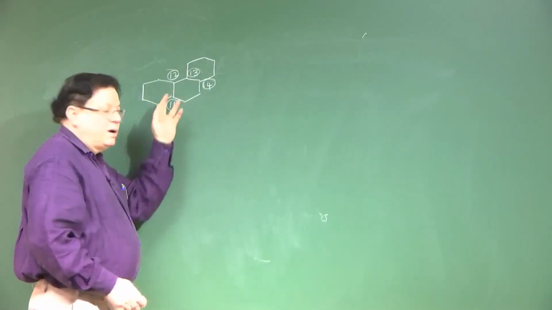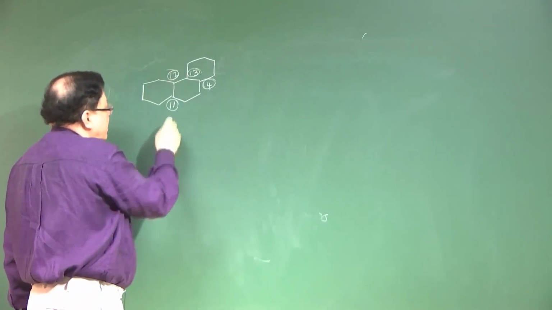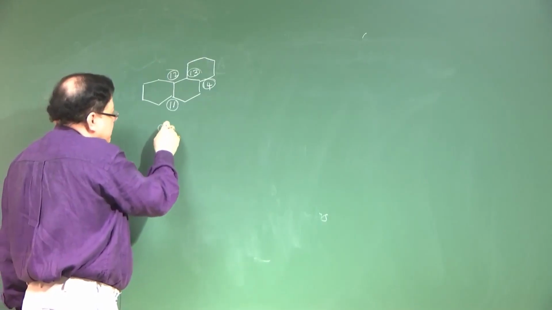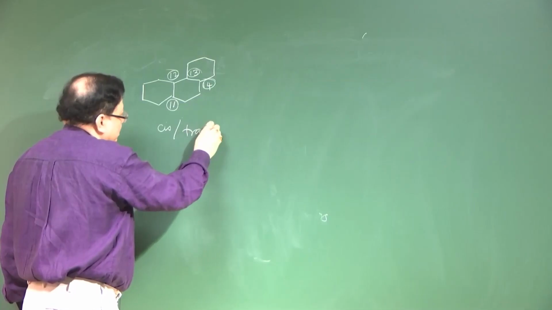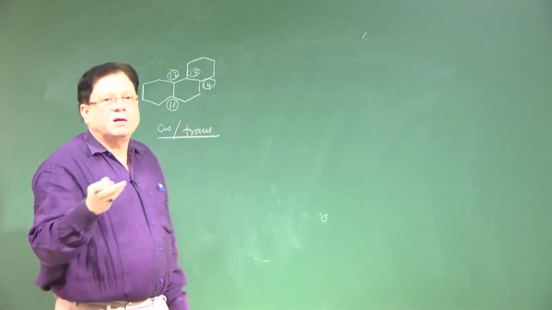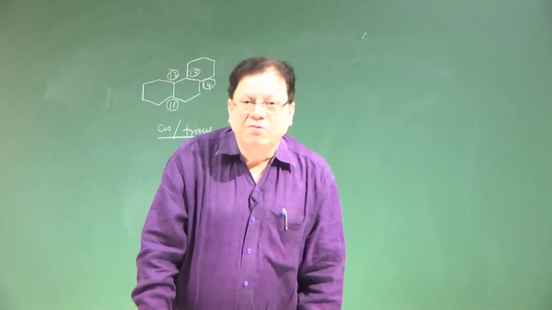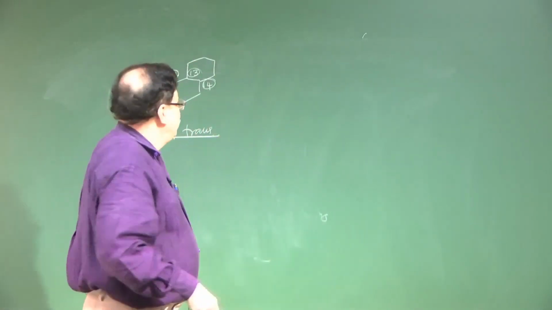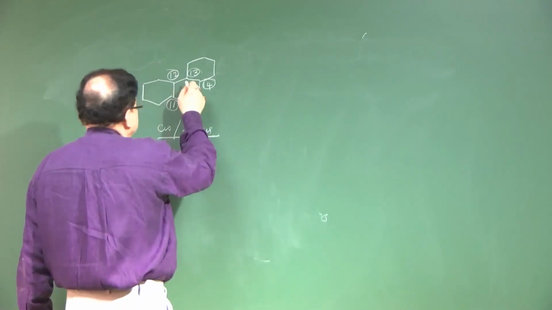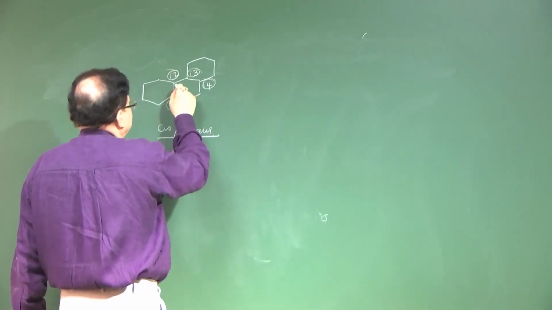So, for these 11, 12, the possibilities are basically cis or trans. Okay. So, that is one type of relative stereochemistry involved at the ring junction, and the other relative stereochemistry is that existing between 12 and 13.